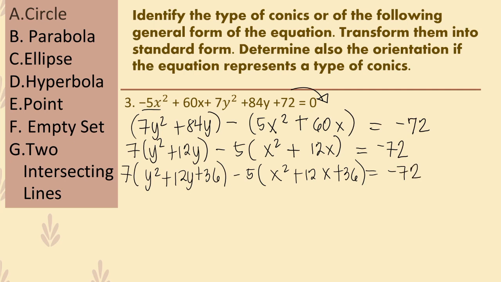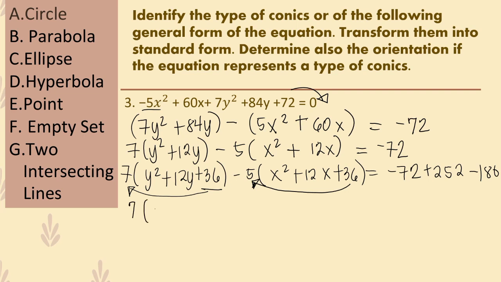So, kung ano yung in-add natin dito, multiply natin to by 7. So, 7 times 36 is positive 252. And then, 36 times 5 is negative 180. So, magiging 7 times y squared.